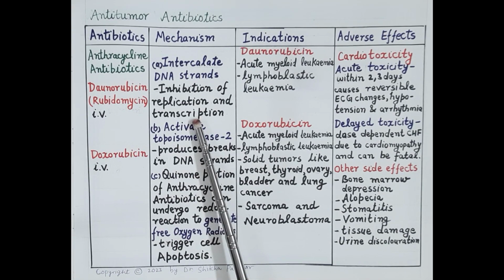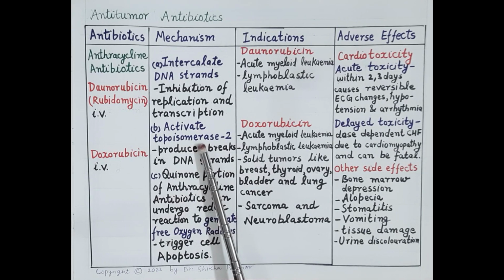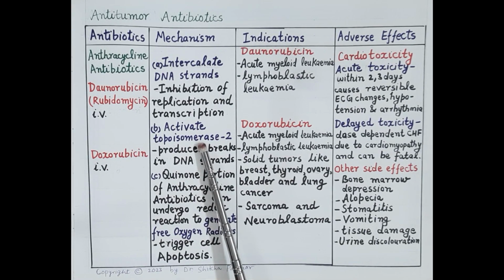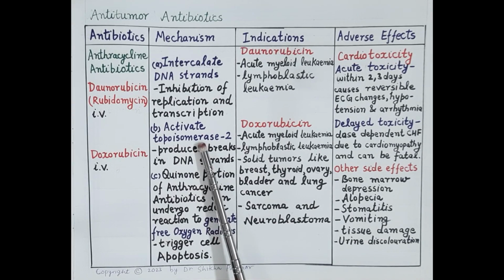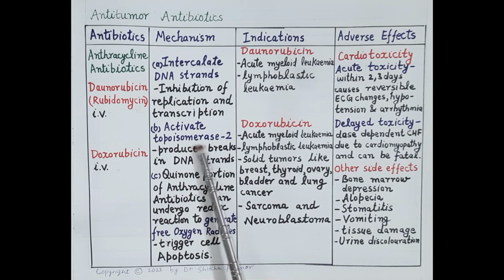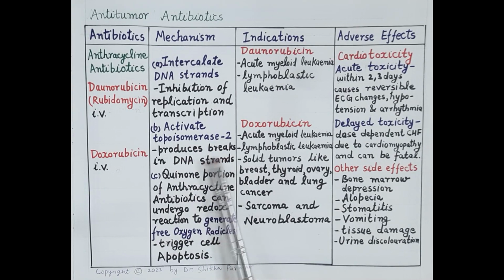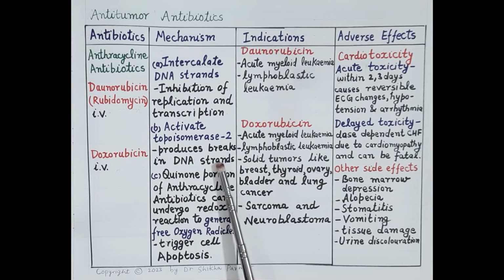These antibiotics also activate enzyme topoisomerase 2. Now, as we all know that during DNA replication, topoisomerase II cuts both DNA strands, removes supercoils, and then reseals the cut DNA strands. Now, activation of topoisomerase II produces breaks in the DNA strands.